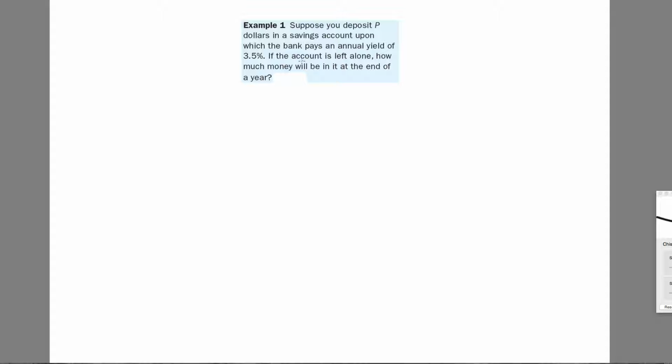Well, let's take a look at this real quick. You put in P dollars, that's the amount you put in to begin with, and an annual yield means the amount that's in there times 3.5% will be added into it. So you have your principal, you're going to add to that the 3.5%. Now remember, 3.5% is not a useful algebraic term.